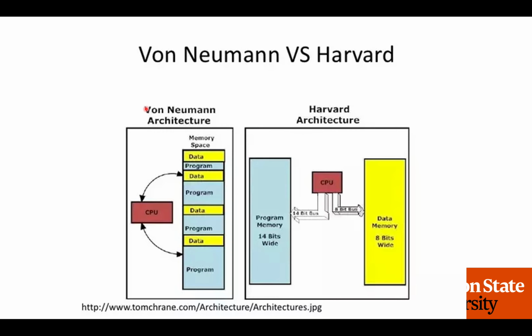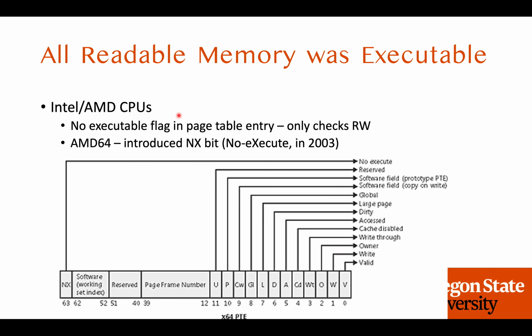However, although we are residing in a von Neumann architecture, CPU designers dislike attackers running shellcode, so they included a non-executable flag, this one, in the page table entry that controls and manages the virtual memory access permission.